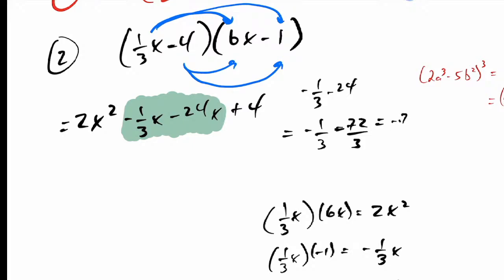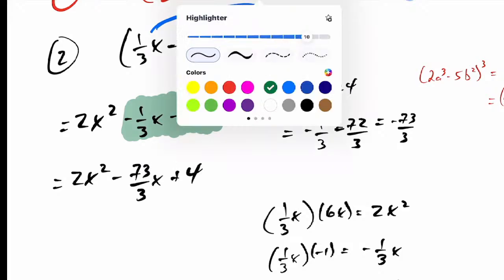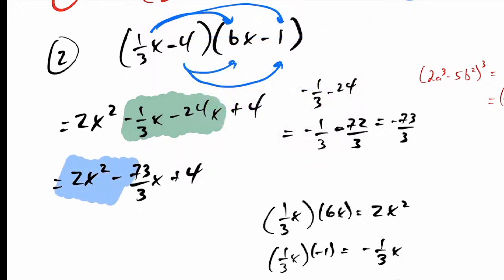So this would be minus 73 over 3. So this is 2x squared minus 73 over 3x plus 4. Not the nicest numbers. All right.